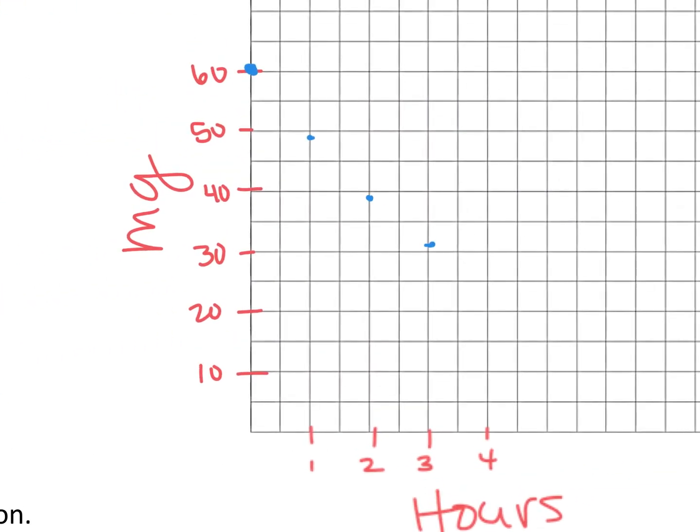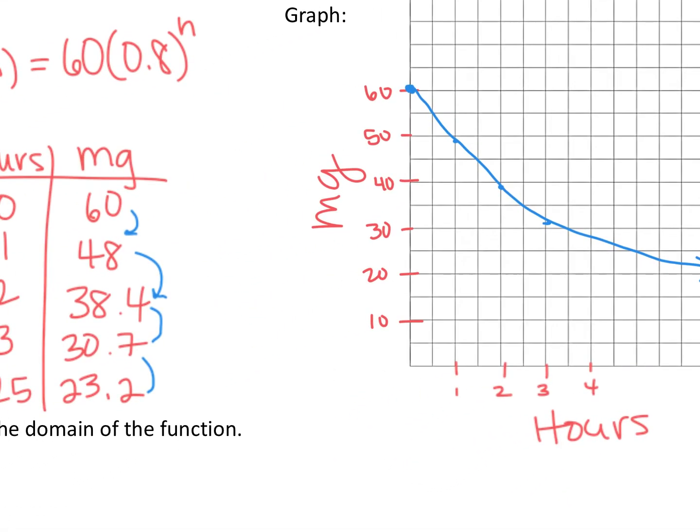So it's definitely going to be a curve. I'm going to show a gentle curve and connect my dots, because I can find any decimal hour and see how much medicine is still viable. So this is definitely continuous. Exponential continuous.